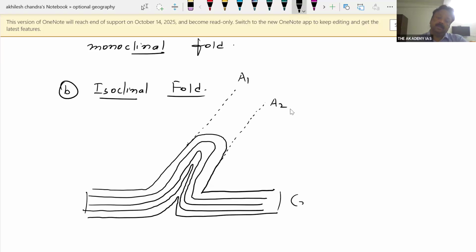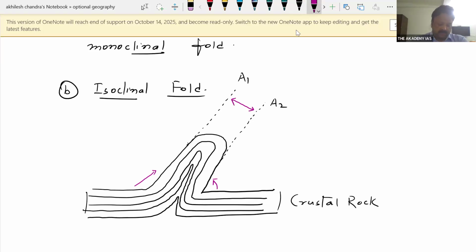So these are the crustal rock. And you can see that one of the slopes is like this, and the slope is making less than a 90-degree angle, and both the arms A1 and A2 remain parallel with each other.